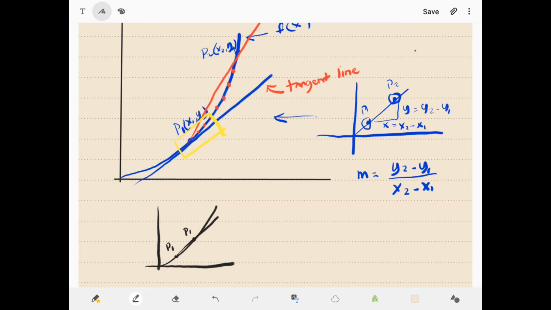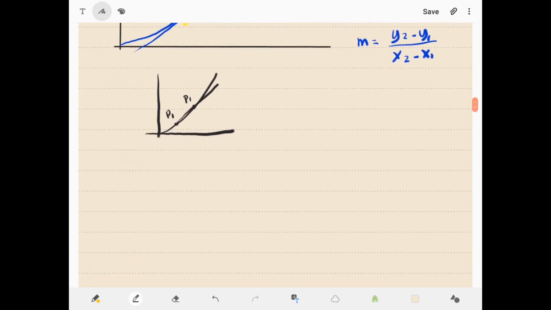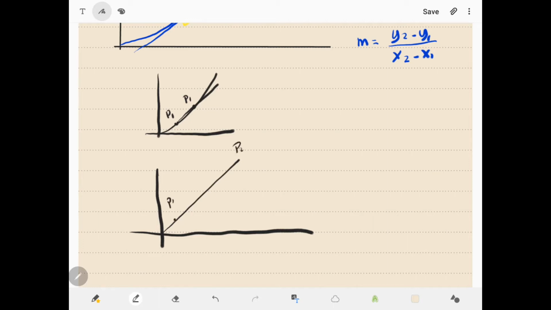I will draw again an exaggeration. Since the curve is very close to each other and it is almost a straight line, I will draw a straight line here, P1, P2. I will call this delta x. I will draw the coordinates of P2 with respect to P1.